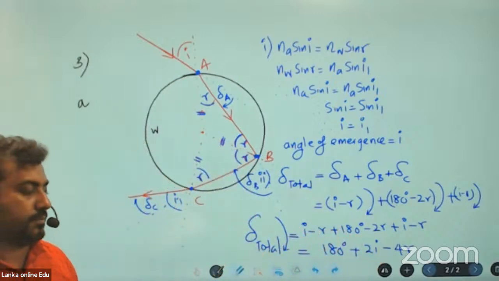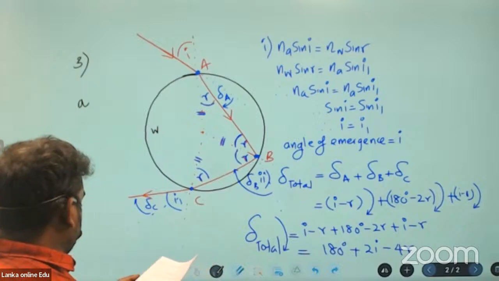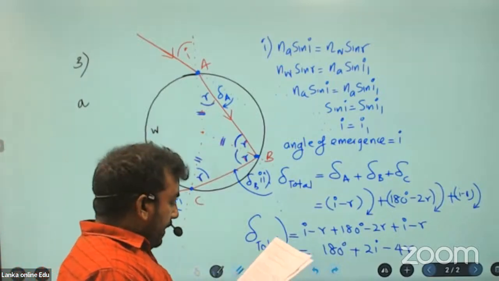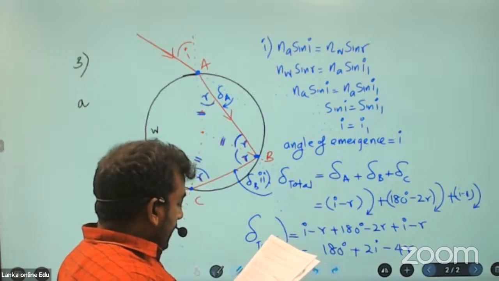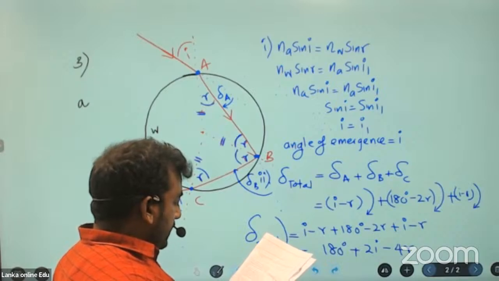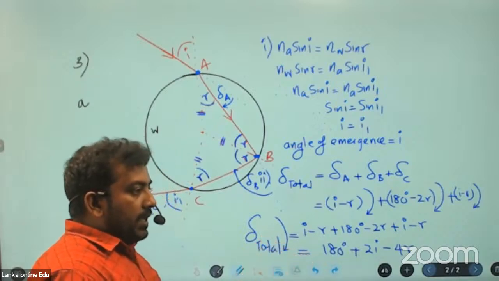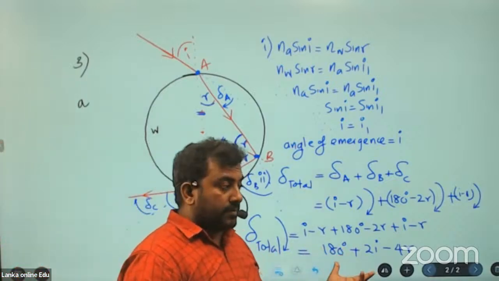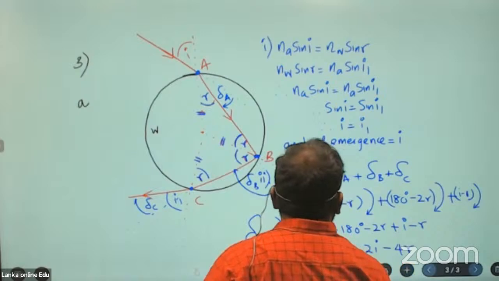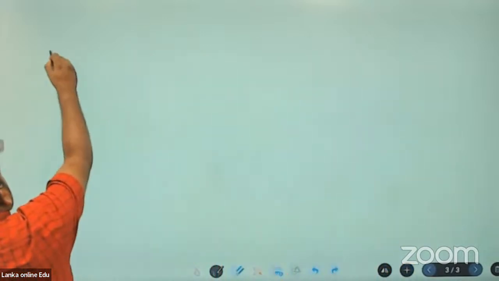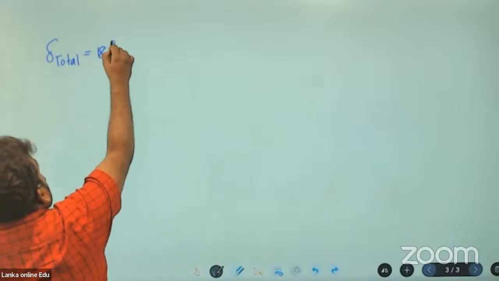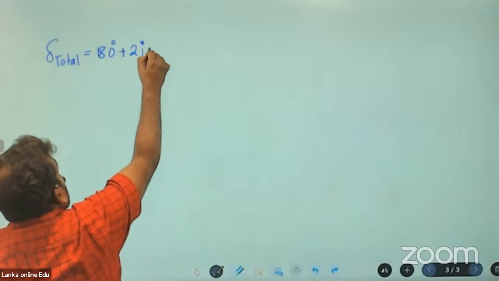Okay, then what? Roman number 3. If I is equal to 30 and total deviation is 156, calculate the refractive index. So now you know the total deviation, you can substitute. Total deviation equals 180 plus 2I minus 4R.